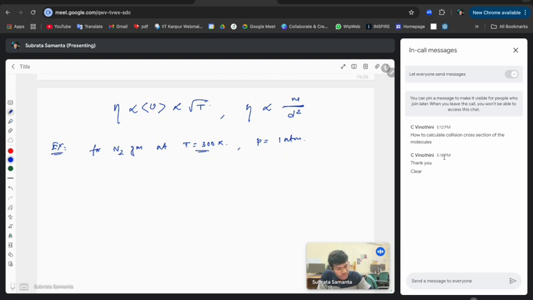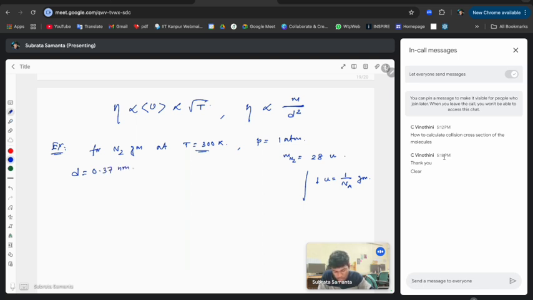We know the mass of N2 is 28 atomic units. 1 U, atomic unit, is basically 1 over Na gram, where Na is the Avogadro number, and the diameter for N2 gas is given as 0.37 nanometer.